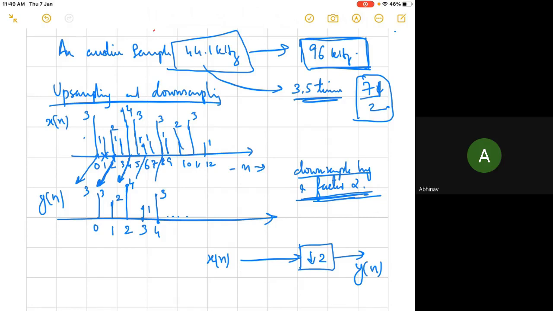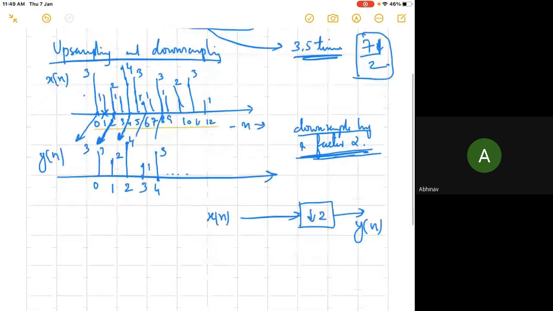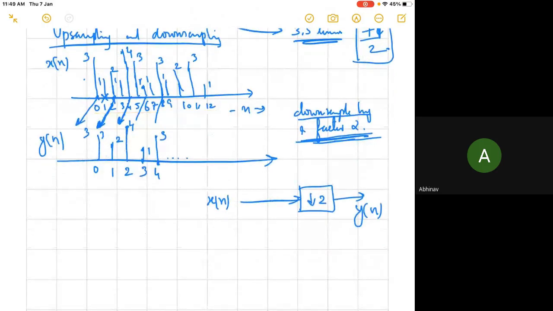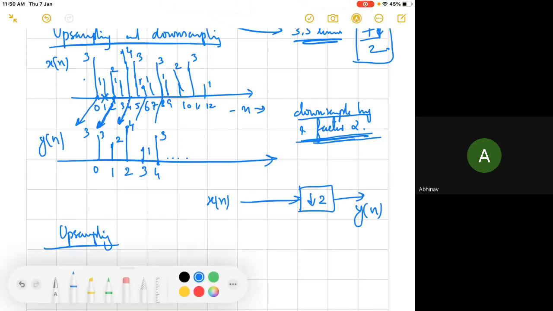So this is the fundamental, or the concept, of downsampling. Now what happens in upsampling? In the discussion of downsampling, we discussed downsampling by a factor of 2. Suppose the downsampling is by a factor of 3, then what will you do?